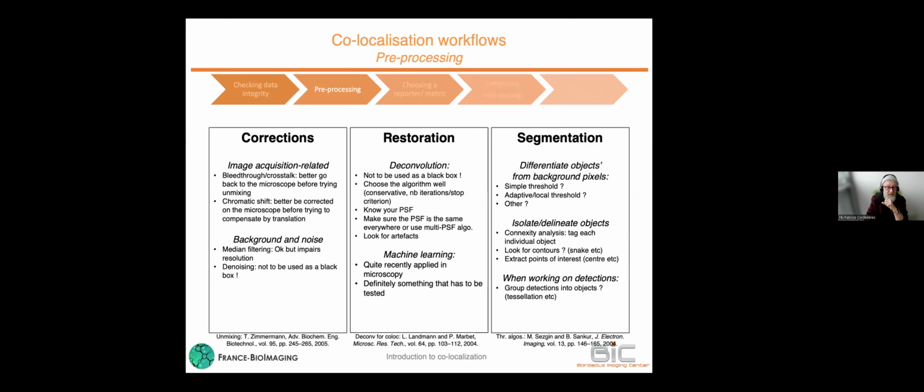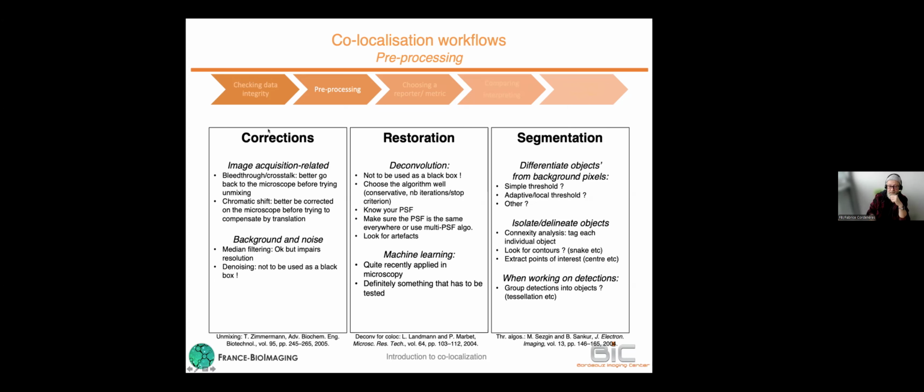About the pre-processing, there are many things that we can do, but once more, it's better to have good images. For instance, some corrections about bleed-through and crosstalk. There are methods that exist in order to reattribute to the proper channel the signal that is bleeding through onto the other channel.